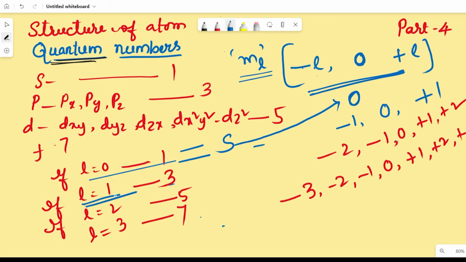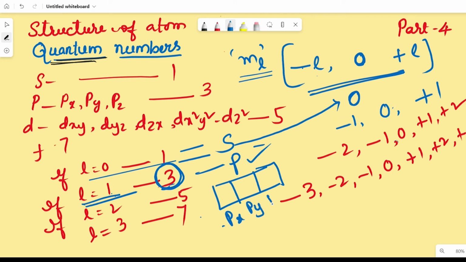If l is equal to 1, that is the p orbital. Here m contains 3 values, because the orientation of the orbitals will be like that. So what are those values here? Minus 1, 0, plus 1. So px, py, pz.